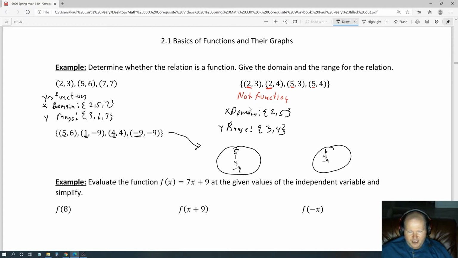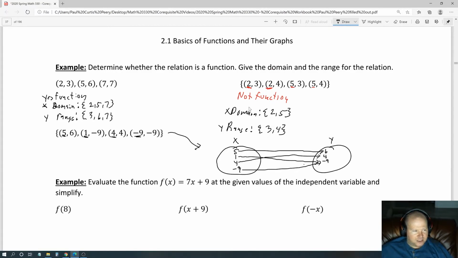So 5 goes to 6, check. Notice there's only one line going from the 5. 1 goes to negative 9, check. Only one line from the 1. 4 goes to 4, check. Only one line from the 4. And negative 9 goes to negative 9. That's okay, because there's only one line going from the negative 9 on the left side. That's why this is still a function.